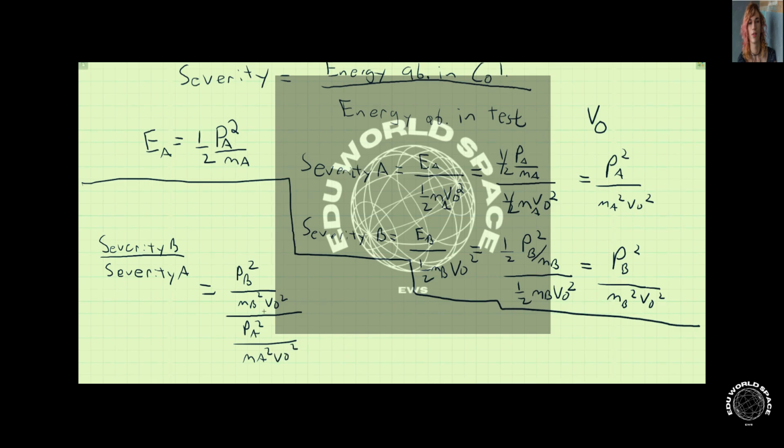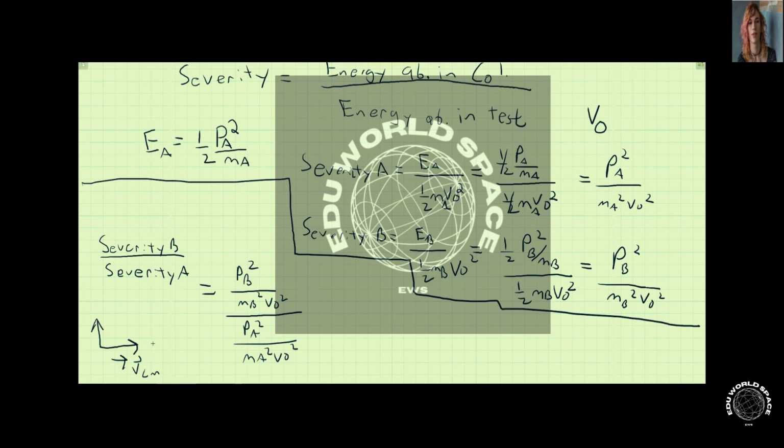Now, one of the major things we have to remember is that all of this is defined in a reference frame that's moving at the same speed as the velocity of the center of mass of the system that combines both car A and car B. Since it's a completely plastic impact, like I said before, once these two cars collide, they will be at rest in this reference frame.